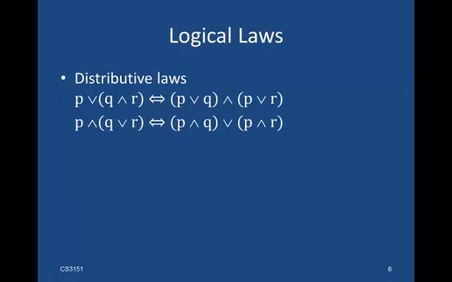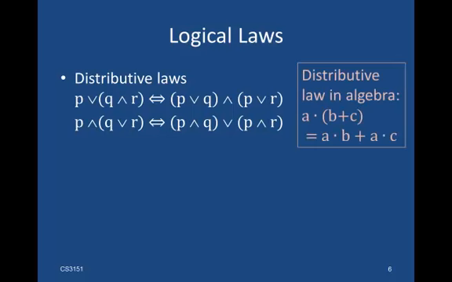You know distributive laws from algebra. For example, if A, B, and C are numeric values, then we can use the distributive law to rewrite A times B plus C, in parentheses, as A times B plus A times C. The distributive law of logic works similarly.